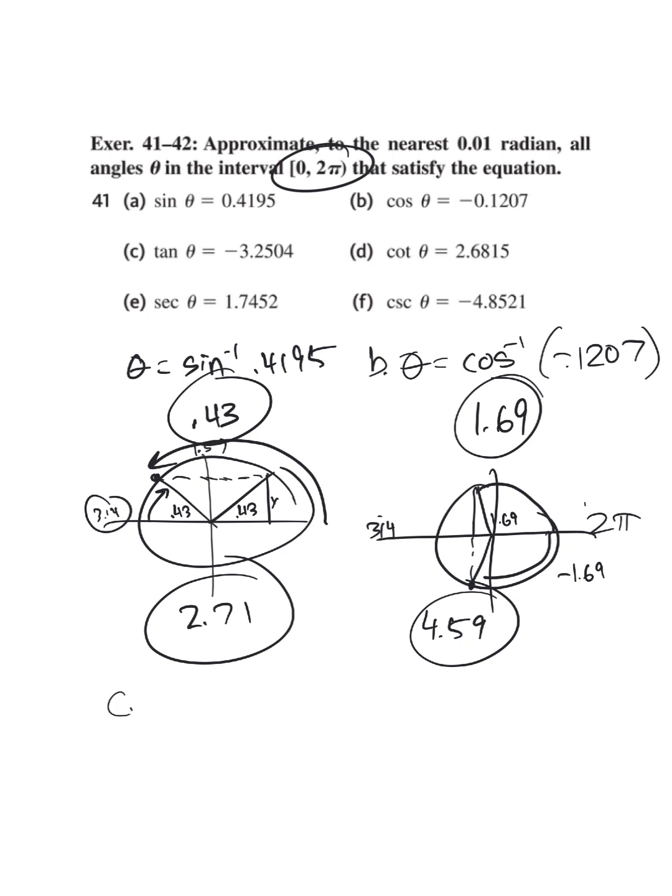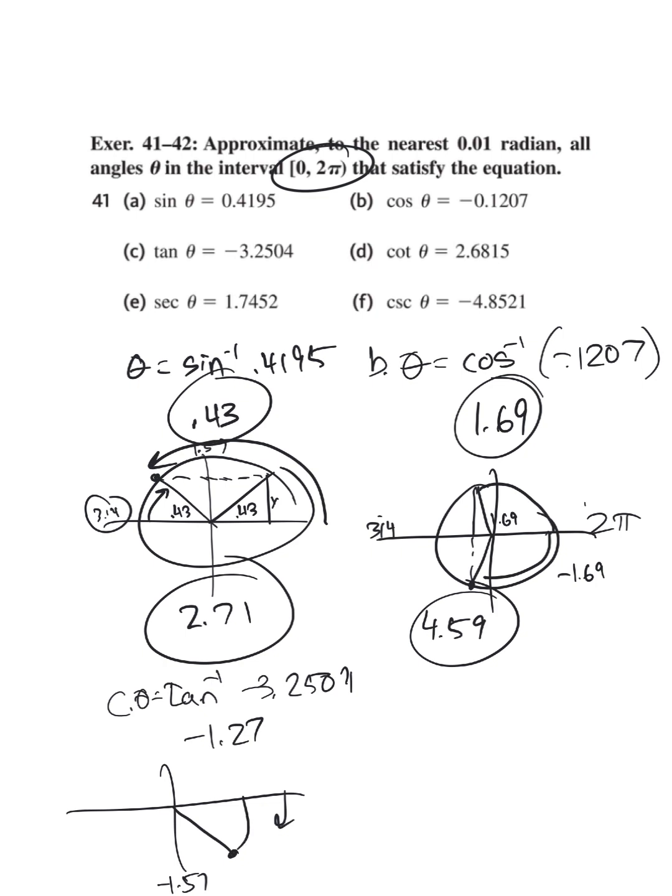Now C is the arc tangent of negative 3.2504. It's negative. Take the arc tangent, and that's negative 1.27. So going this direction is negative 1.57 here, so negative 1.27 is right there. What is that if we went around this direction?